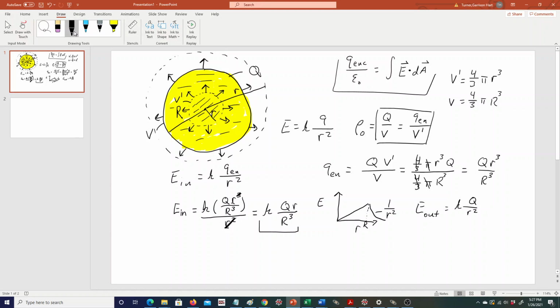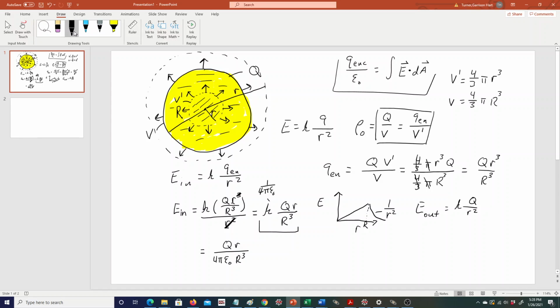Your textbook actually then uses the definition of k, and remember that k is 1 over 4 pi epsilon naught, and so what happens is that the field inside the sphere becomes Q r over 4 pi epsilon naught R cubed.